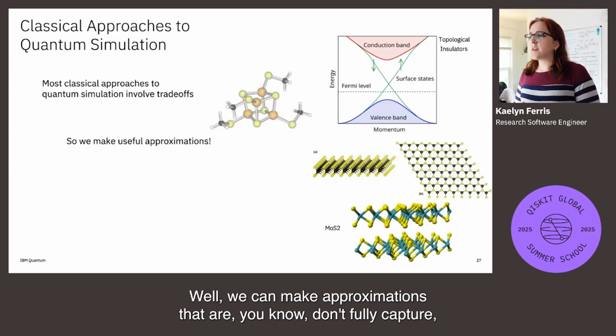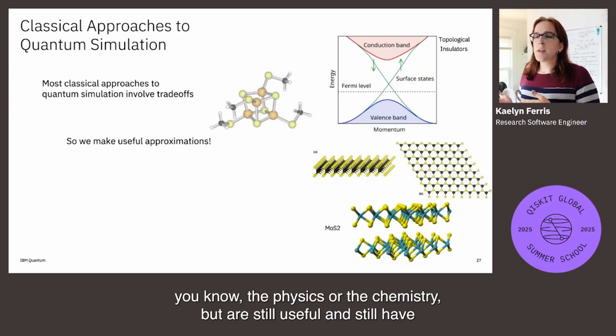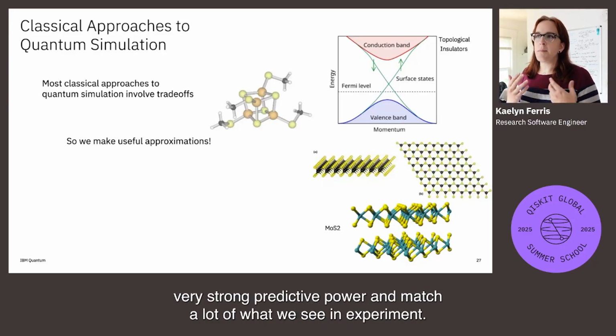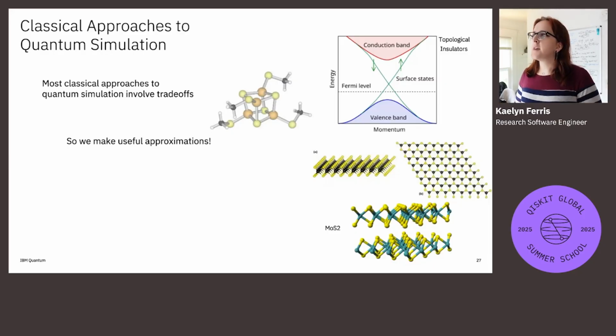Well, we can make approximations that don't fully capture the physics or the chemistry, but are still useful, still have very strong predictive power, and match a lot of what we see in experiment.